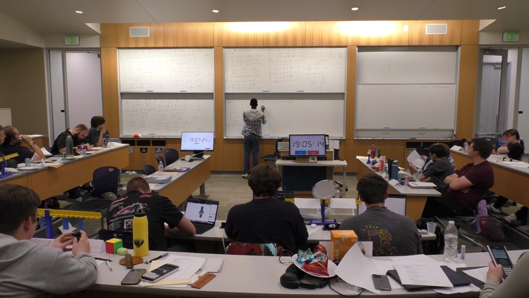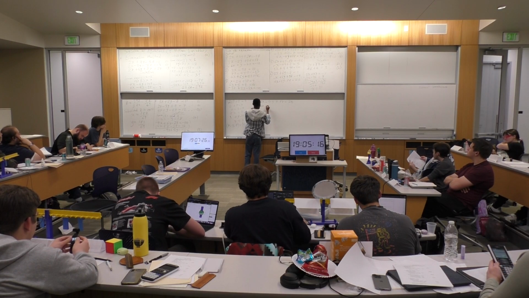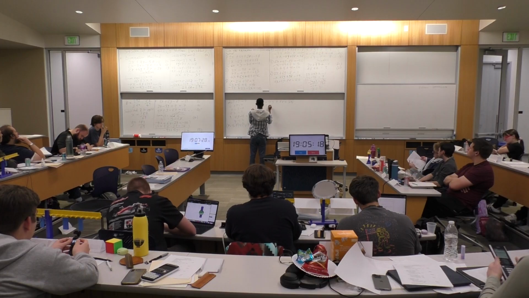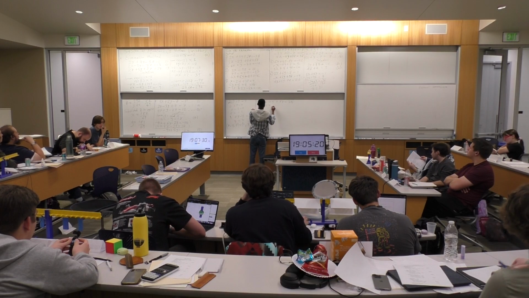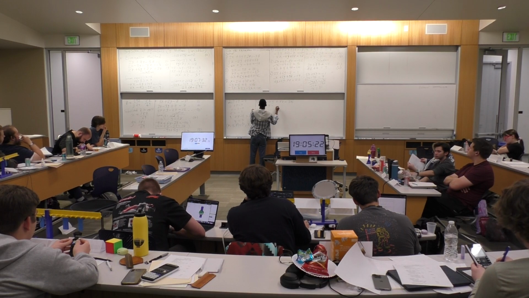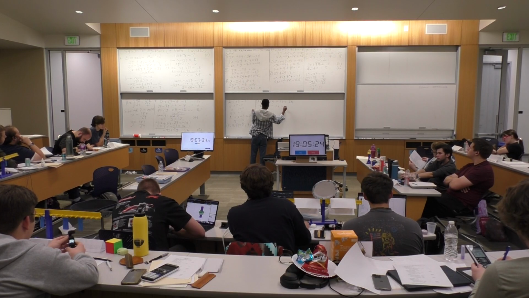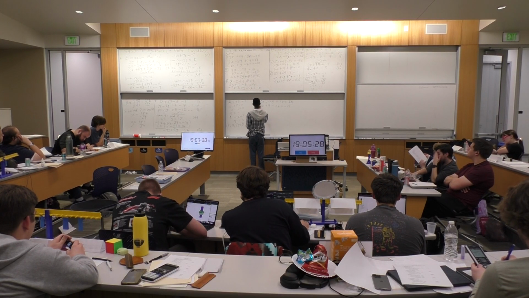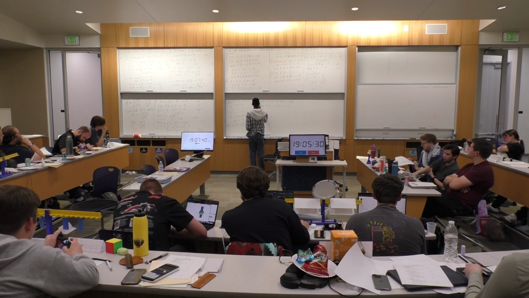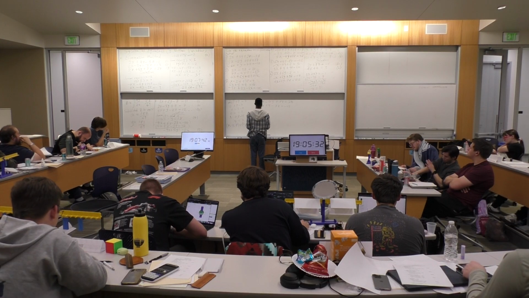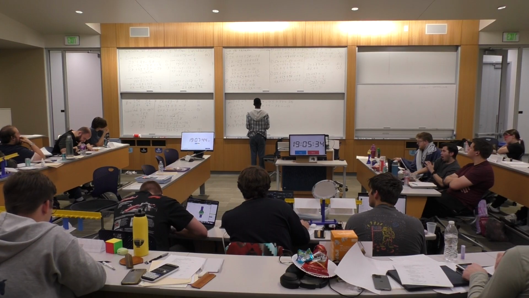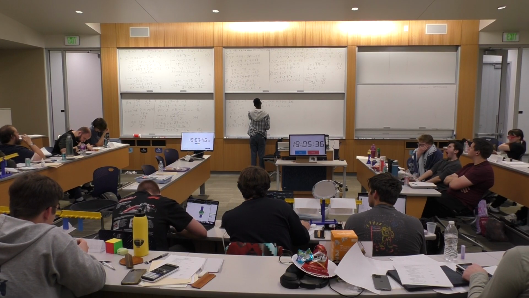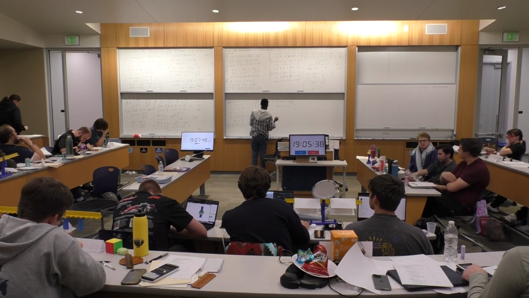Okay, here we have minus 6x plus y minus 7z equals negative 12. Here we just add them. We have positive, negative. It will disappear.